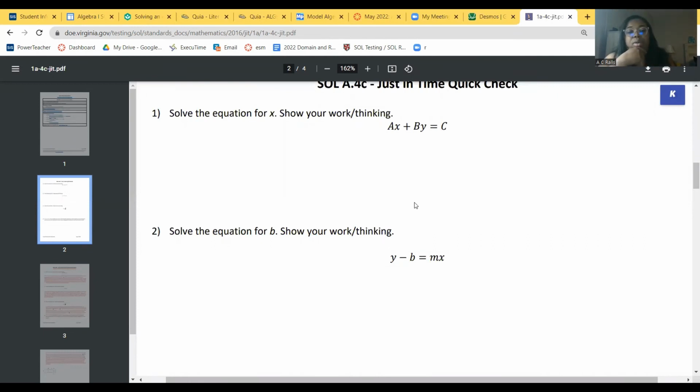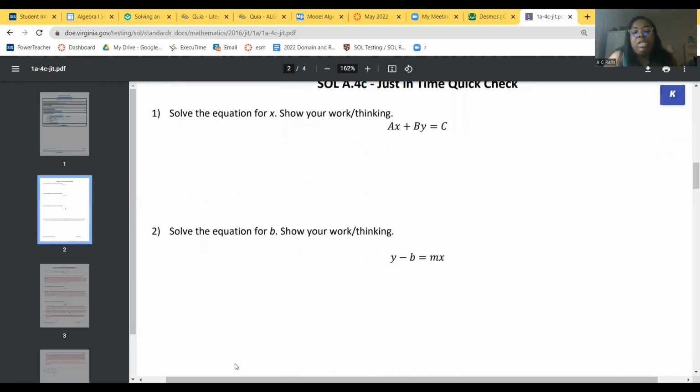And so when you're doing that, it looks weird, but you still perform inverse operations in order to actually solve. So for example, in here, we are trying to solve for x. You see that x is already attached to the a, but that means you have to get x on a side by itself.